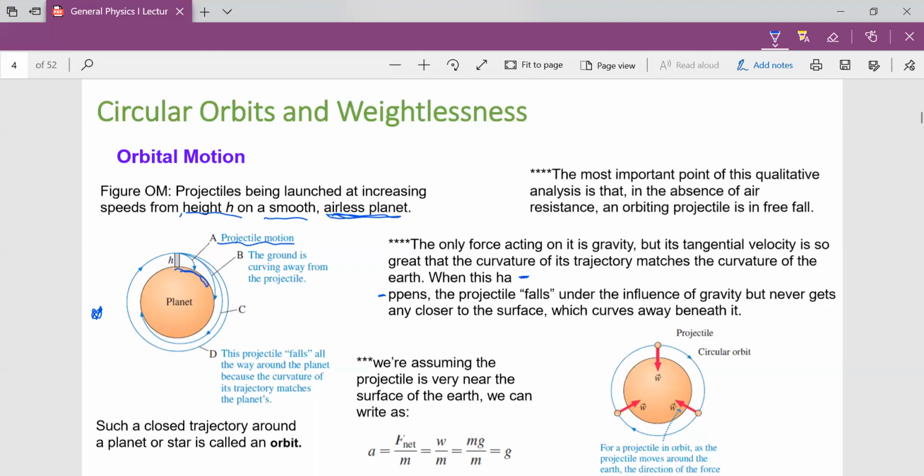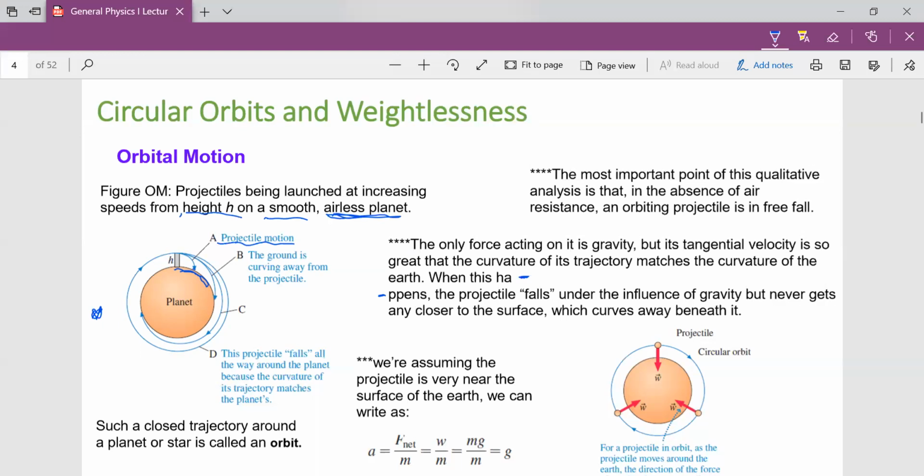All right. So project this at a certain speed. It took the projectile path and landed there. Increasing the speed for another same object, it took the projectile path, and the curved edge is more visible for that longer projection. So we'll see the ground is curving away from the projectile.